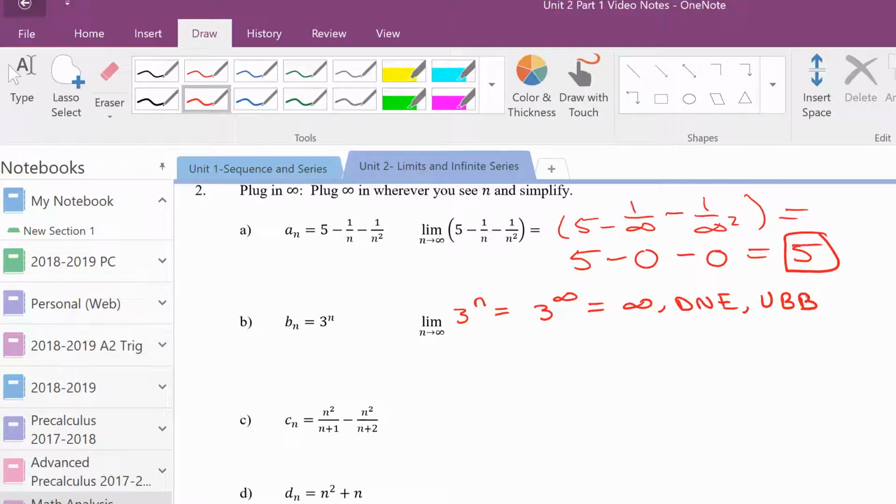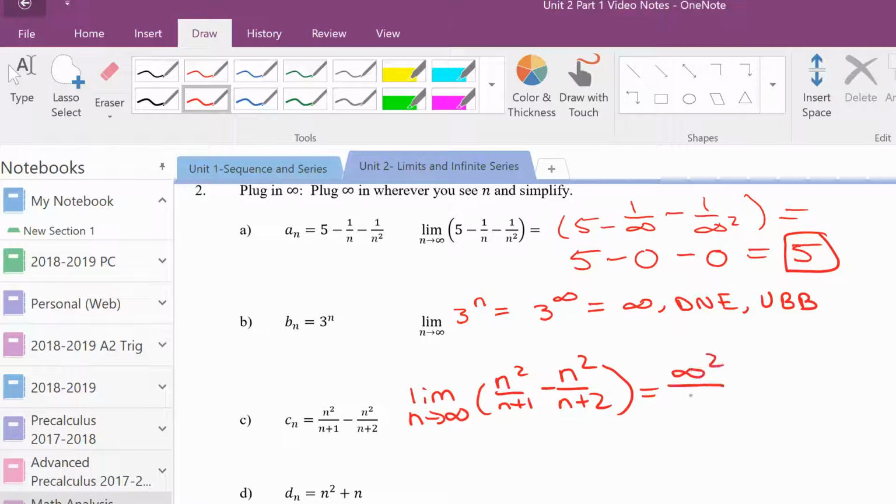For part C, the first thing I want to do in finding the limit as n approaches infinity of n squared over n plus 1 minus n squared over n plus 2 is to put the infinities in.